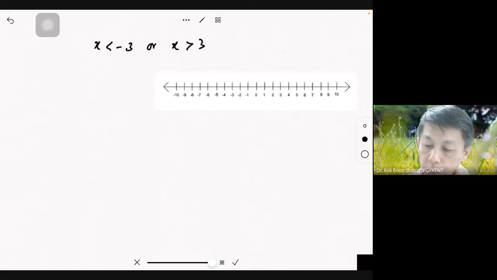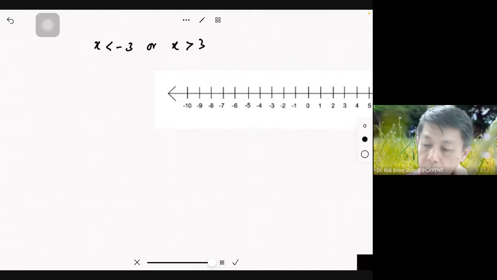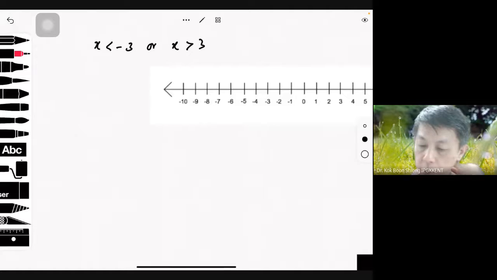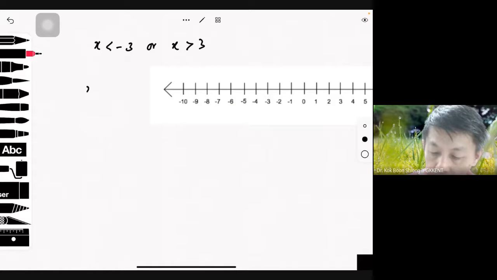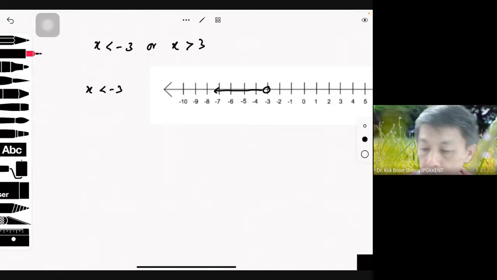Smaller than negative 3, yeah. So the first one is like this, right? And then we have x is larger than 3.